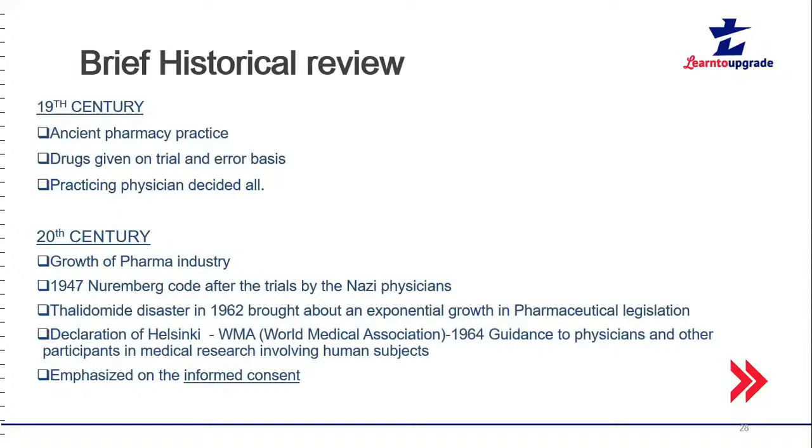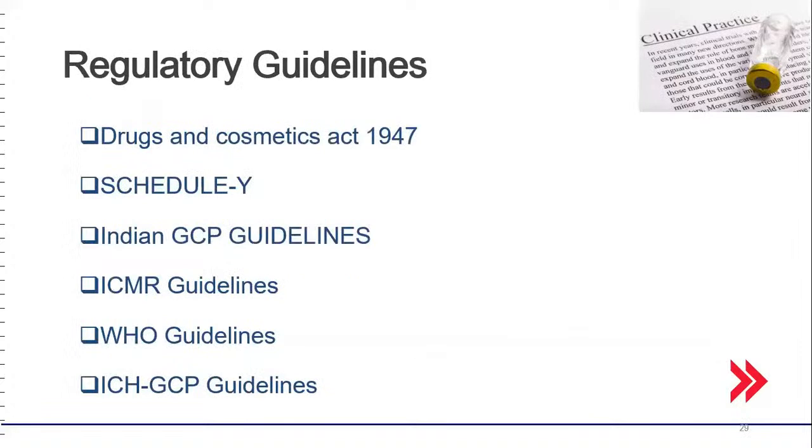That is how our entire clinical trial history slowly progressed. By the 1990s or so, we have many guidelines like ICH guidelines, FDA guidelines and other country-specific guidelines, which are more rigid and have many steps to take care of patient ethics and the ethical conduct of clinical trials.